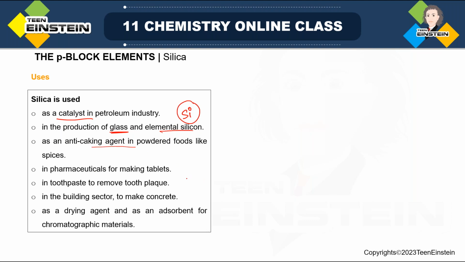Sometimes in food, some anti-caking agents are added if we want the food to remain in powder form, and silica is one such anti-caking agent because it has some moisture absorbing property which helps to maintain the food in powdered condition.